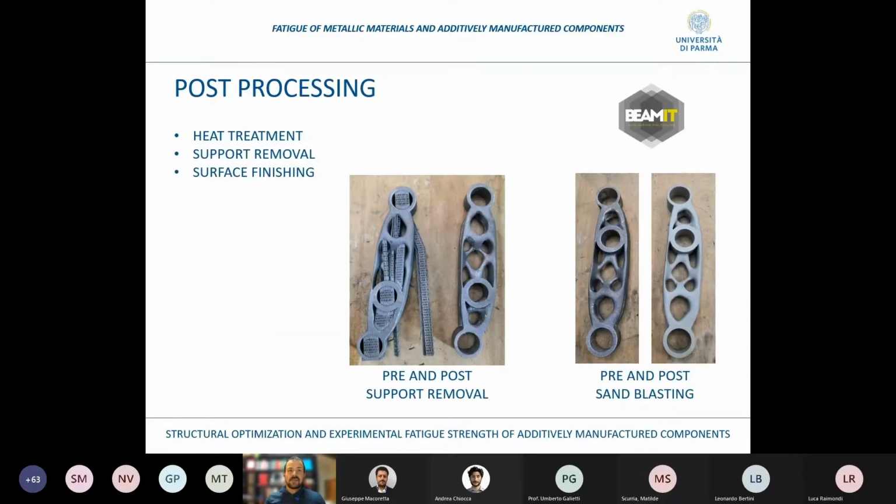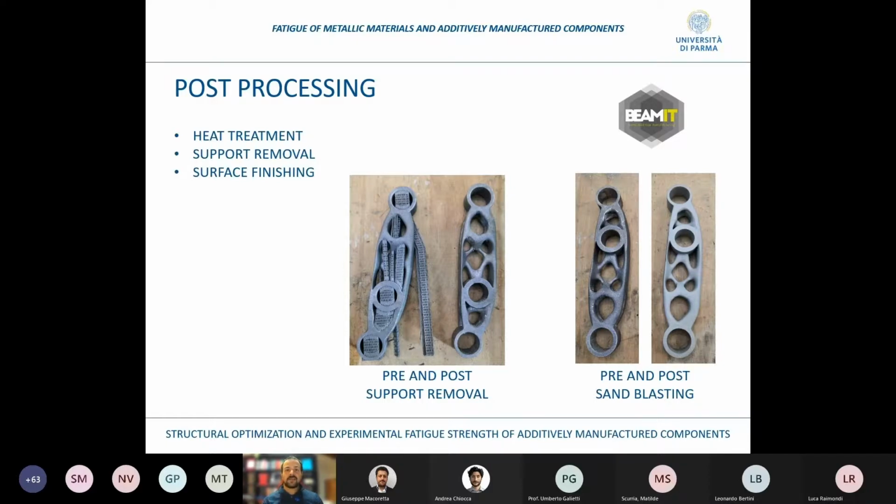The post-processing after the production includes the heat treatment, the support removal, and the surface finishing that need to be performed. Usually, as in some of your previous work, we are not interested in directly evaluating the as-built surface state, but also in avoiding all the problems that could be related to the morphology of the as-built surfaces of additive manufactured components.